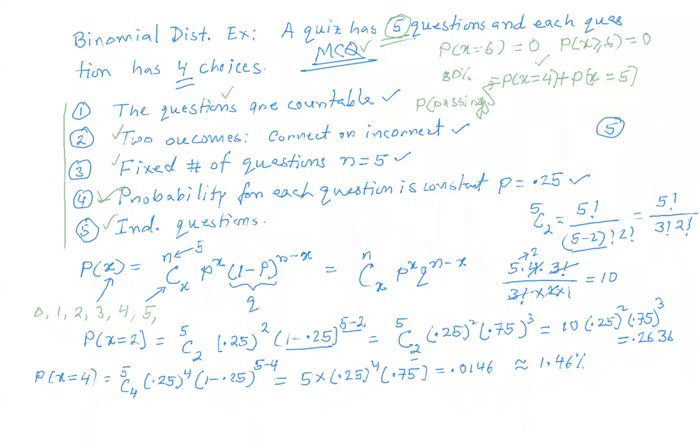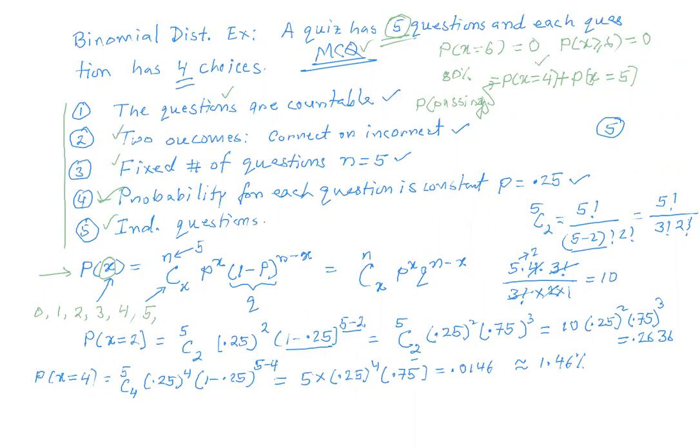What happens to one person will probably not influence the outcome of another person, right? So this could be a good way of modeling things, the binomial distribution and the new drug or new vaccine. All these 5 conditions are satisfied for that, and you can go ahead and use this formula to find the probabilities associated with the different X values. Remember, X values are countable, or trials are countable.